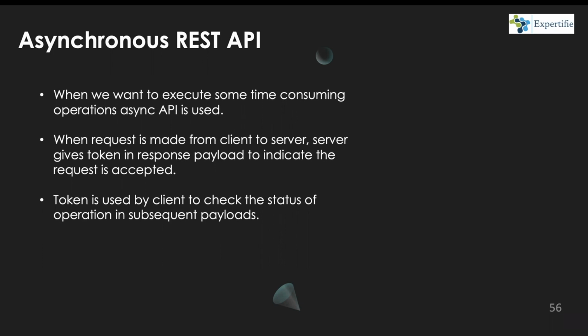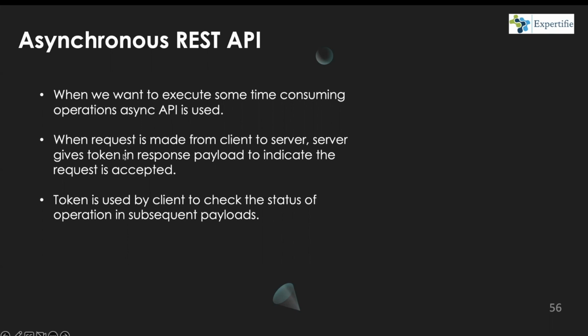Whenever a request is made from the client to a server, the server gives a response, and in the response it gives a token, or we can say an ID. It indicates that the request has been accepted by the server, and the ID of that resource is this.